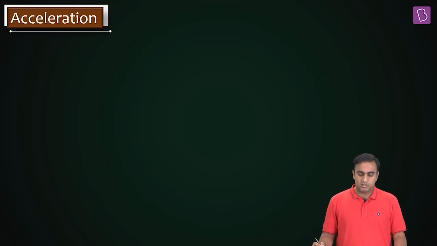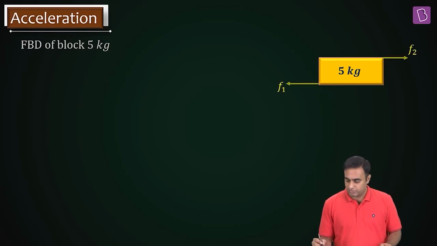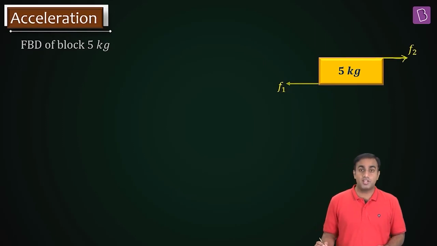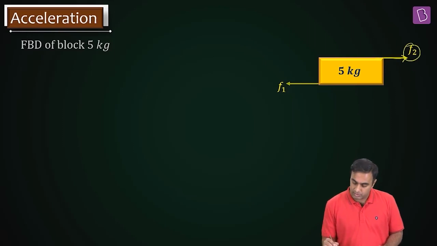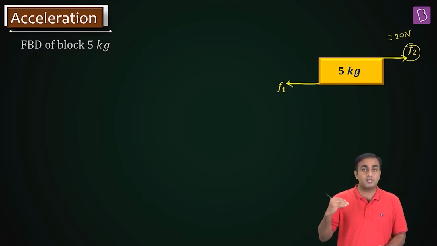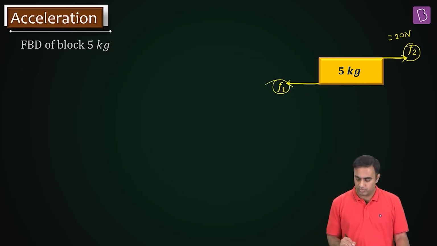Now let's look at the case of the 5 kg block. Which are the external forces acting on the 5 kg block? There is a force of friction acting between the block surfaces, F2, in this direction. How much is that equal to? It is equal to 20 Newton. And there is a force of friction available here between the lower surface of the 5 kg block and the horizontal surface. Let's call it F1.